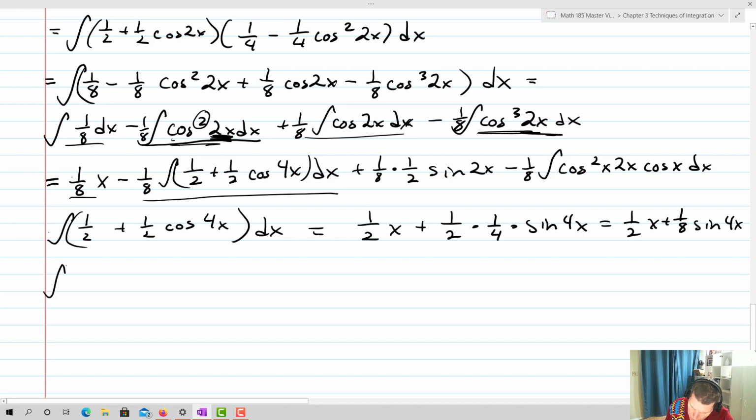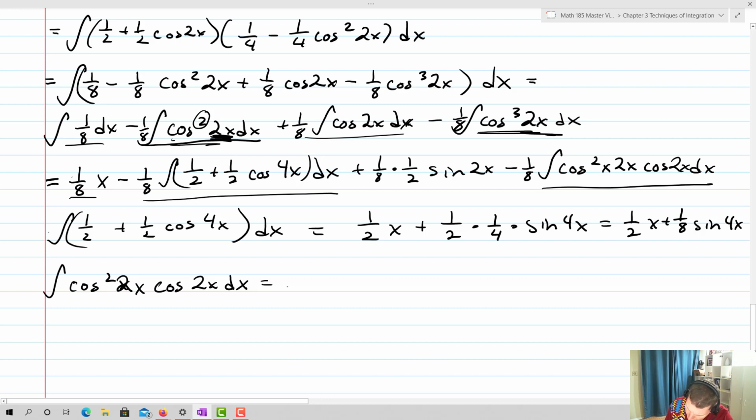Then I'll take the integral, and we'll do this last one here. I've got the integral of cosine squared 2x cosine 2x dx. Let's change out both of those.